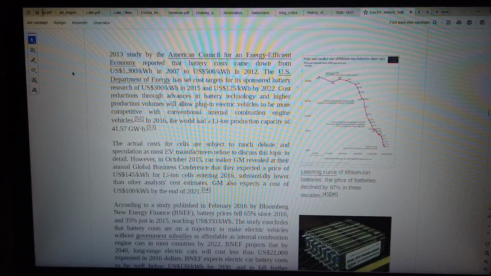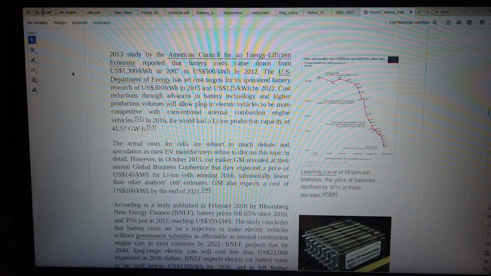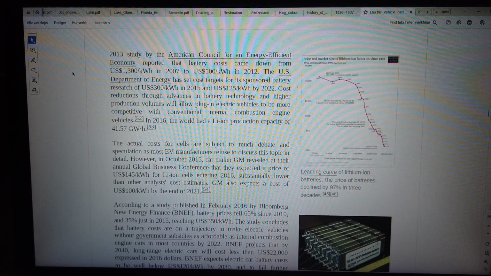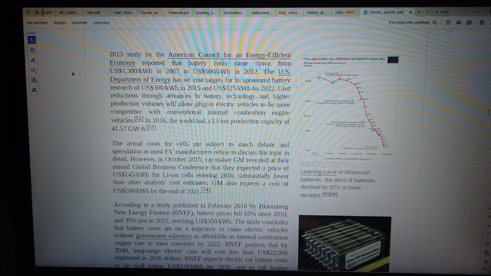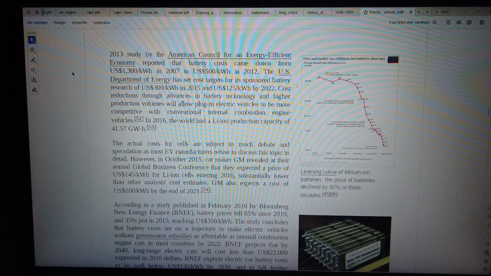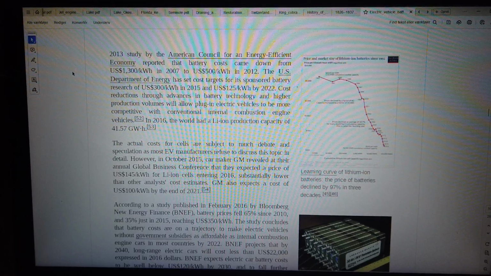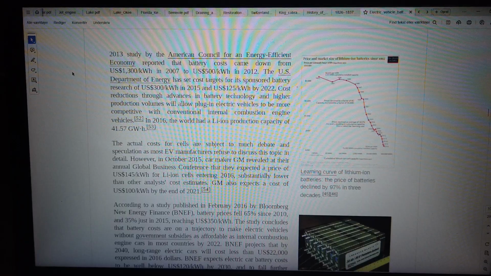A 2013 study by the American Council for an Energy Efficient Economy reported that battery costs came down from $1,300/kWh in 2007 to $500/kWh in 2012.